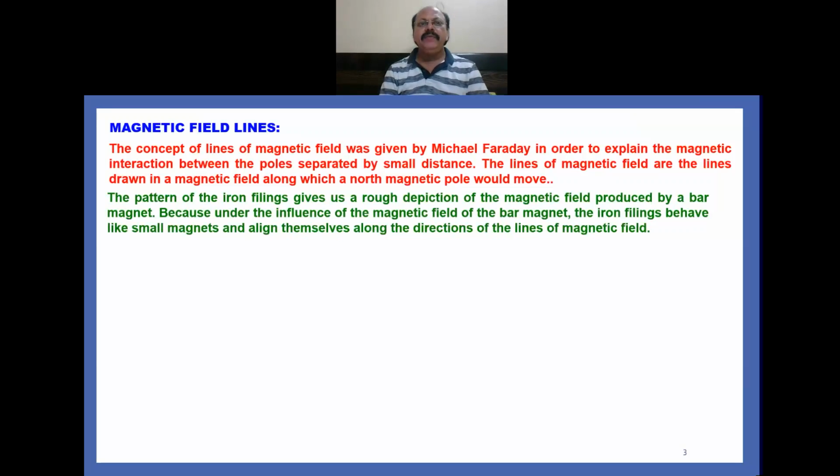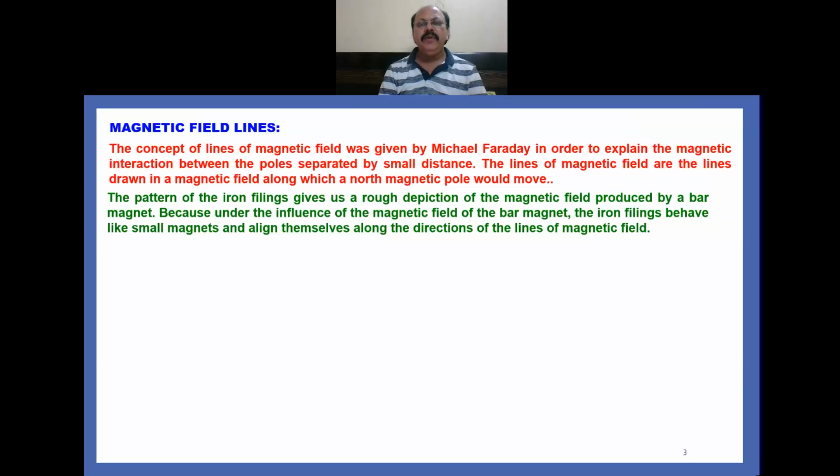And the pattern of magnetic field lines can be depicted by taking iron filings and a bar magnet, and these iron filings we place around the bar magnet. Then, due to the influence of the magnetic field of the bar magnet, the iron filings behave like small magnets and align themselves along the direction of the lines of magnetic field.